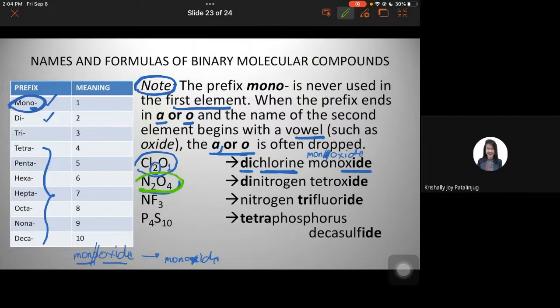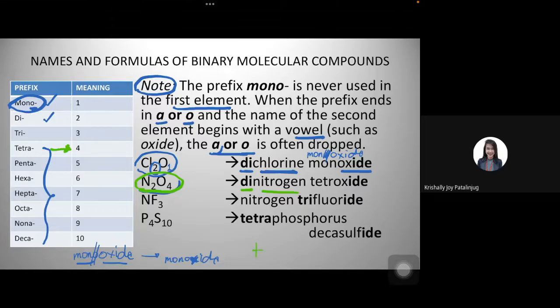Look at the compound N2O4. So there are two nitrogen, that's why it is named dinitrogen. Then the second element ends with "ide," so it is now oxide. How many oxygen? 4, so we use the prefix tetra.